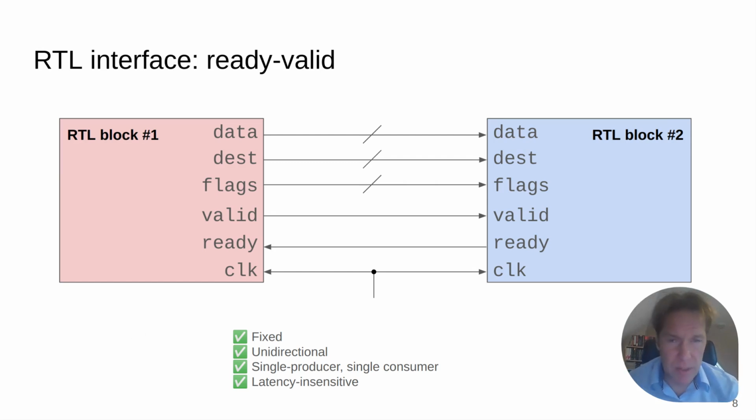So if we look at how this is implemented in different levels of abstraction or different domains, the first one is RTL, where we can implement this switchboard connection using a valid ready interface, like something you would see in AXI or in our Universal Memory Interface, UMI.